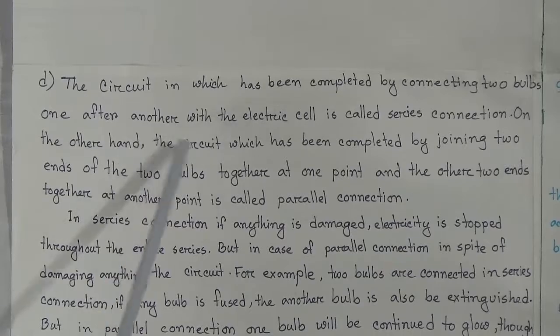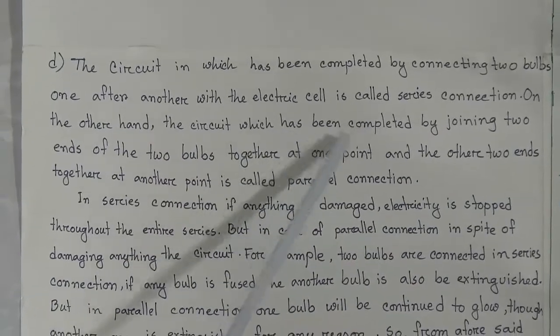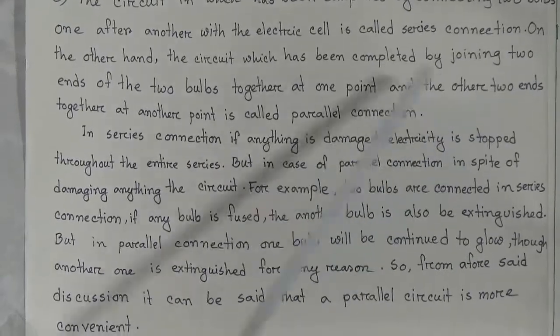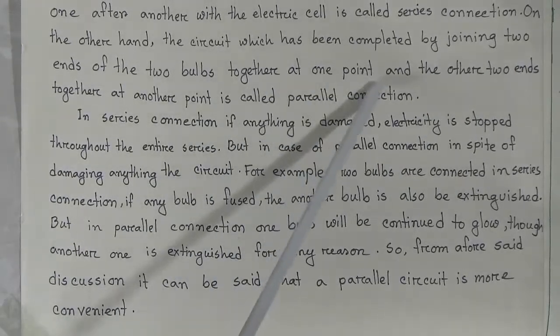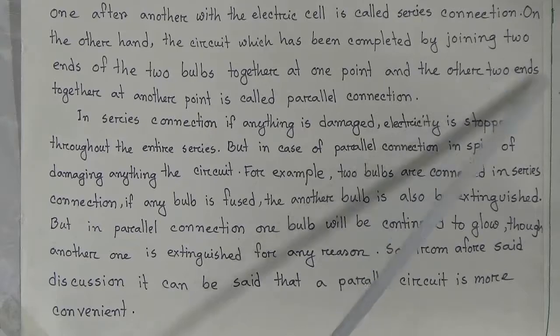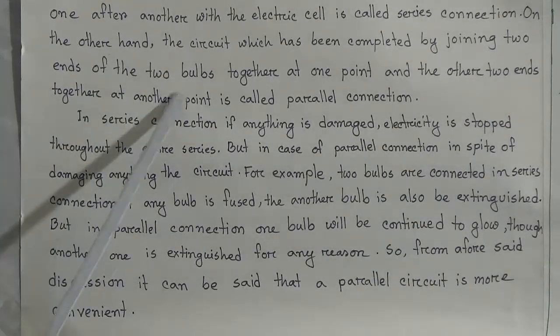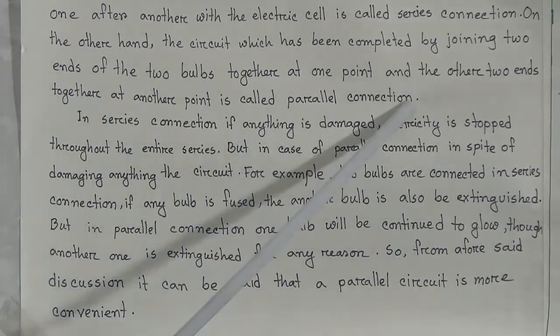On the other hand, the circuit which has been completed by joining two ends of the two bulbs together at one point and the other two ends together at another point is called parallel connection.